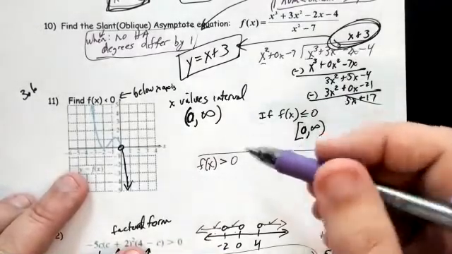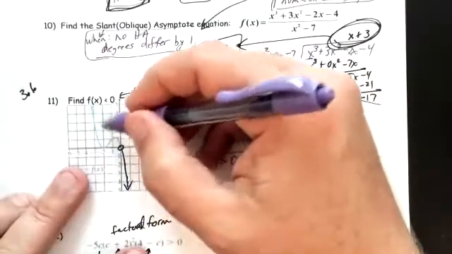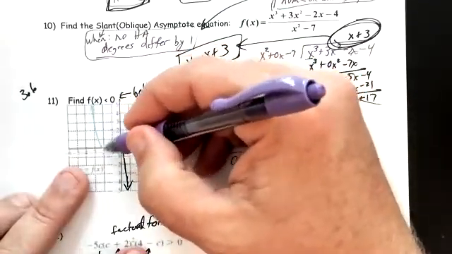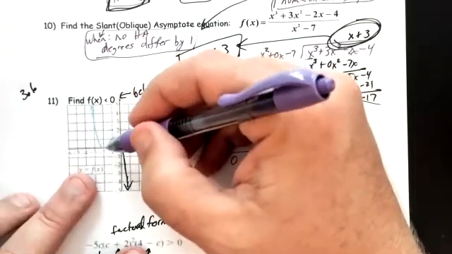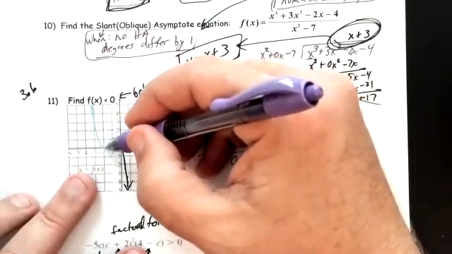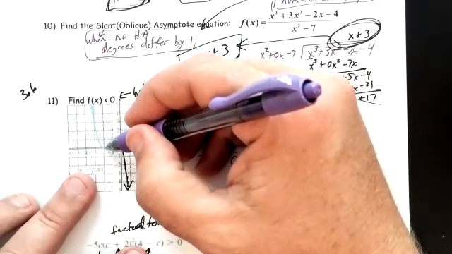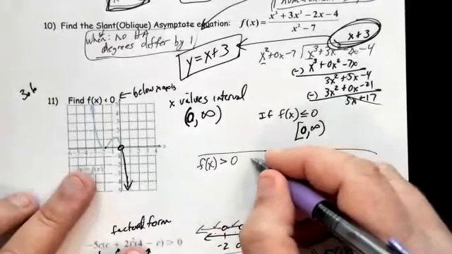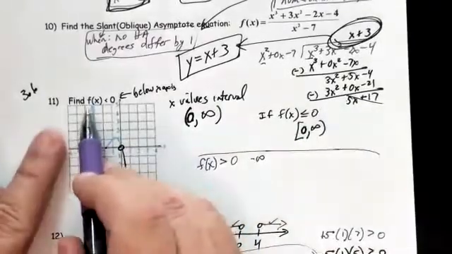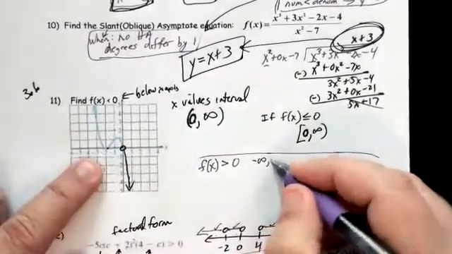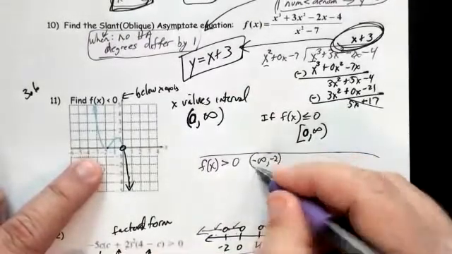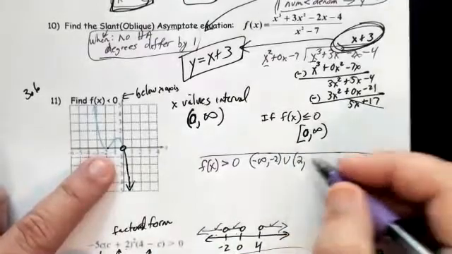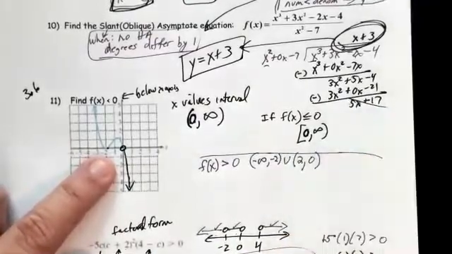So that'll be all of this area, correct? The only part that's not above the x-axis is right there where it touches the x-axis, correct? So if it was greater than 0, I would write negative infinity all the way to -2, not including the -2, and then union -2 to 0.